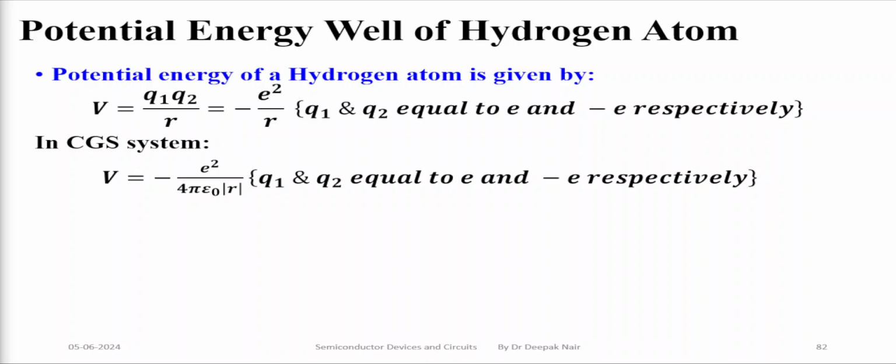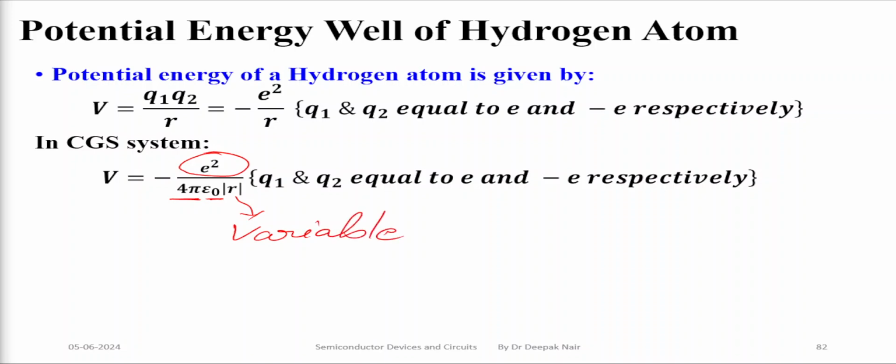If you carefully observe, the first term e is the charge of the electron, a constant value. 4 pi is a constant value. Epsilon naught is a constant value. The only thing that is variable is r.